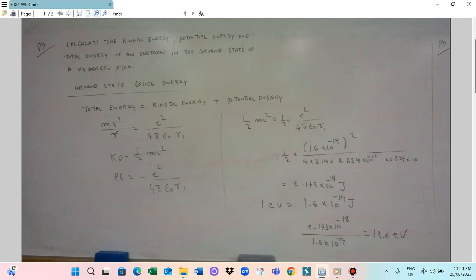So that will be 13.6 electron volt. So this is the energy of the electron. To calculate the kinetic energy and potential energy, we can utilize this equation, and that will be 13.6 electron volt.